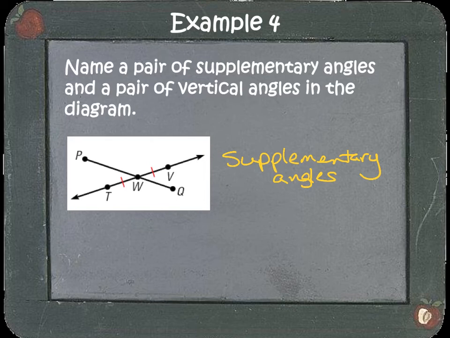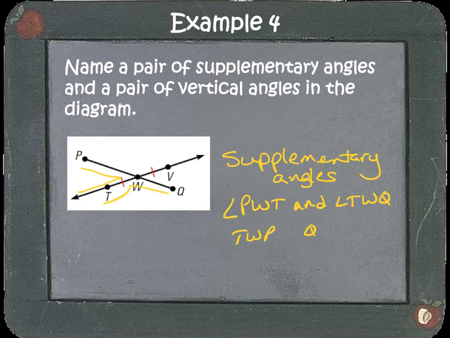So if I start with, let's say, PWT, this one over here, then I could put it with TWQ, and notice they form a straight line. So I could say PWT and TWQ. Now you could go in reverse order of the letters, but the W needs to be in the middle. So you could have also called this one TWP, and then you could go backwards on this one and say QWT. Either one of these would be supplements.